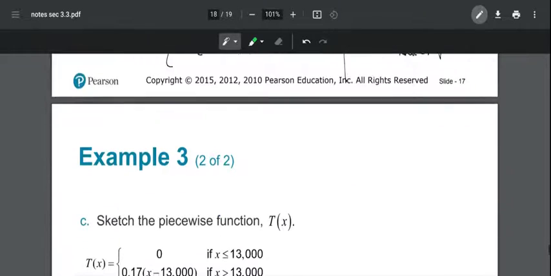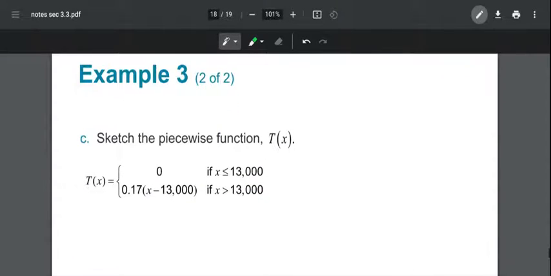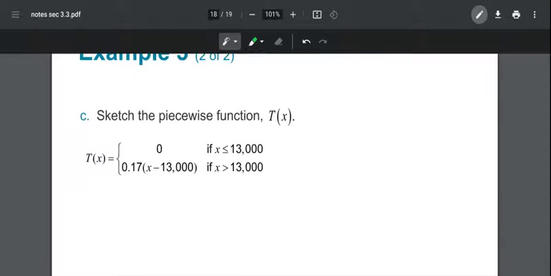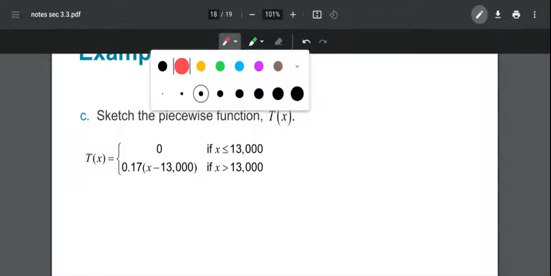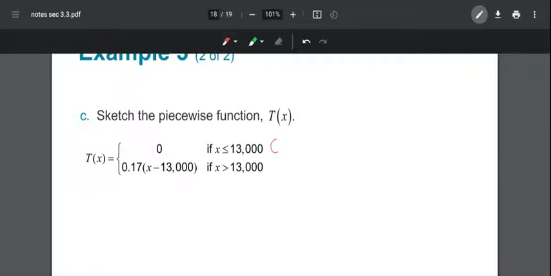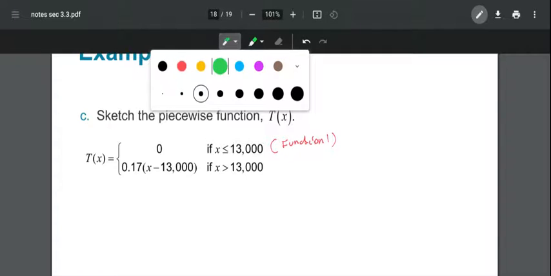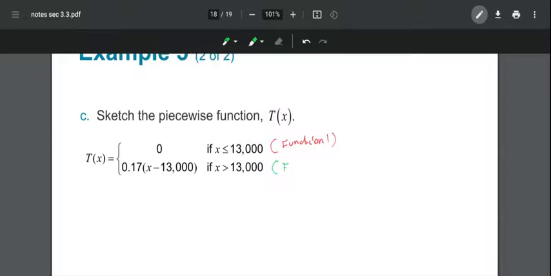In the last part of this example, we have to sketch the piecewise function. Okay, so we have to create a graph. So I'm going to graph the first function in red. So that will be function 1. And I will graph this one in green.